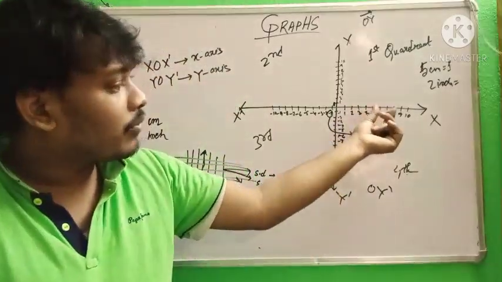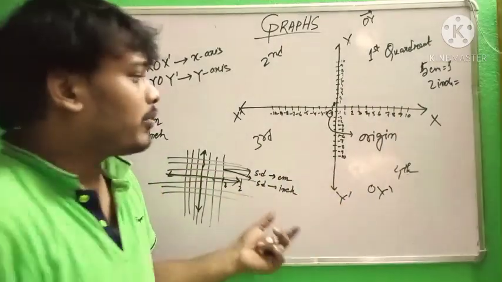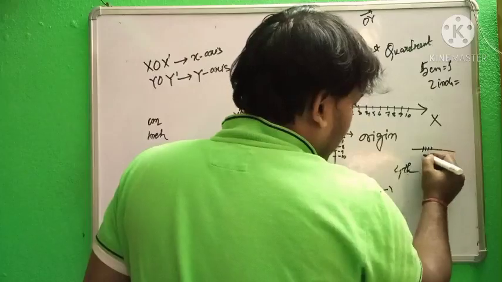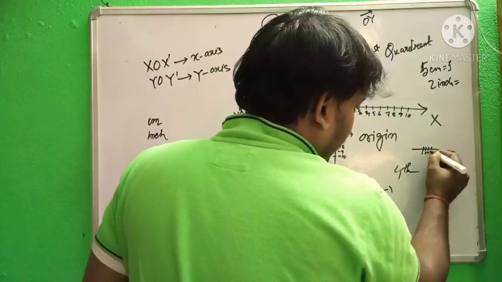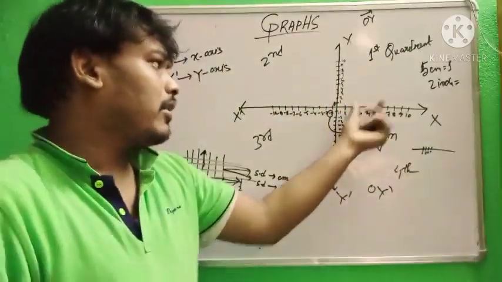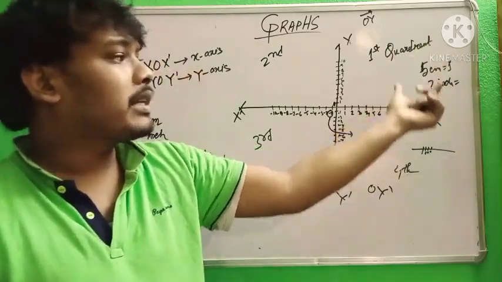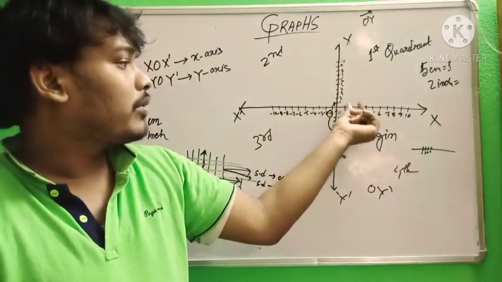In the gaps we can write 1, 2, 3, 4, 5, 6. Otherwise, if the small divisions are very close, then we cannot write 1, 2, 3 in this way. So as per requirement we have to take 5 centimeter equal to 1 unit. That means 1, 2, 3, 4.